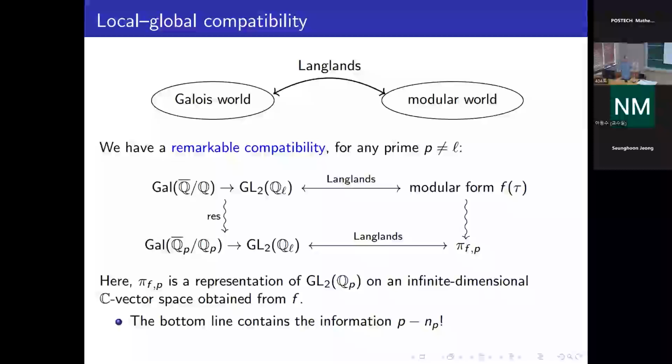There's also some much bigger representation one should perhaps consider, and this is just a small piece of that representation. And this bottom line is what contains the information at p. So in the modular forms example, this is what remembers the p-th coefficient, but it doesn't know about the l-th coefficient for the other primes l.